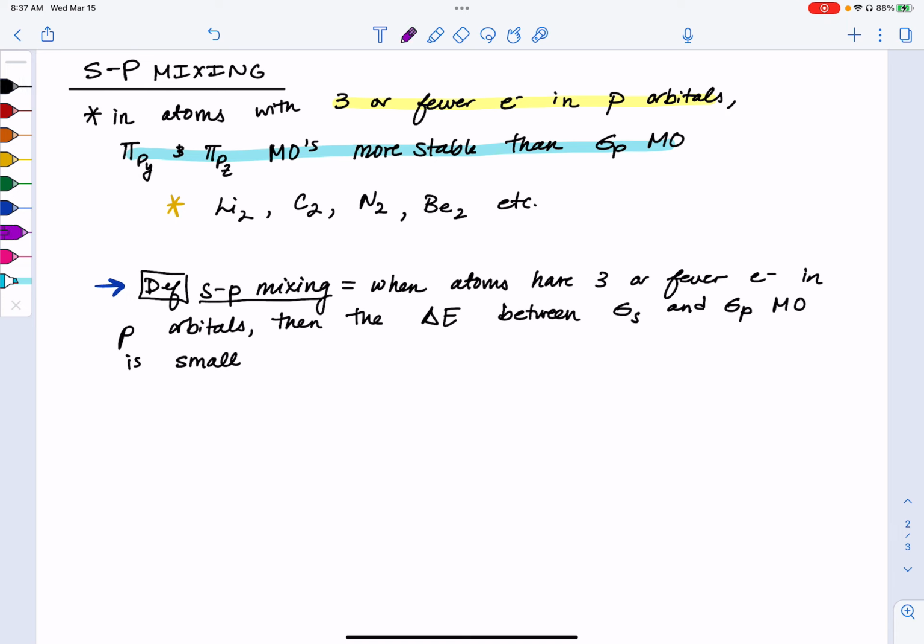Okay, well, why do we care about that? The energy difference between our two different sigma type orbitals is small.